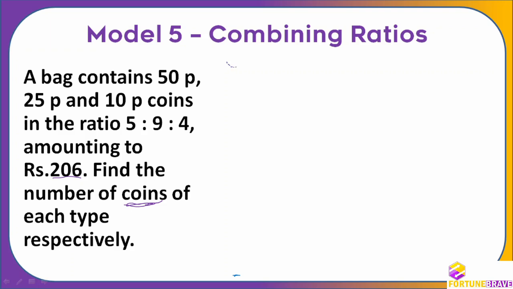A bag contains 50 paise, 25 paise and 10 paise coins in the ratio 5 is to 9 is to 4. The total of this amount is 206.